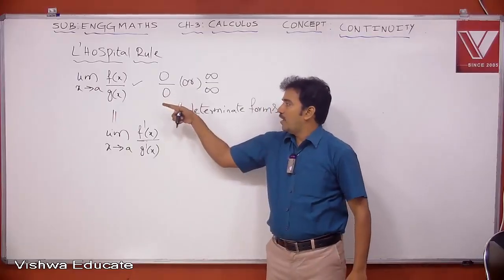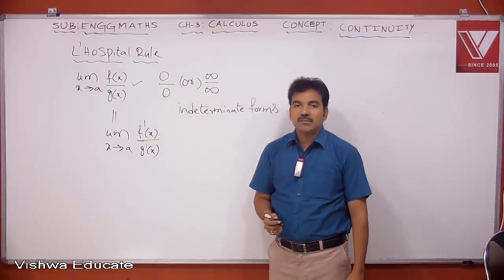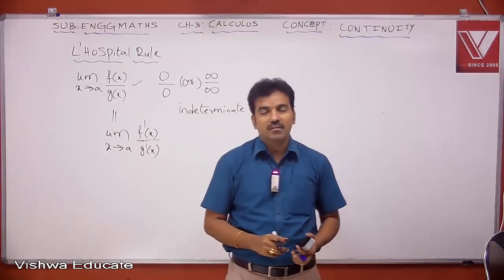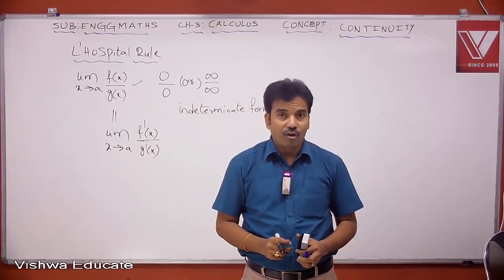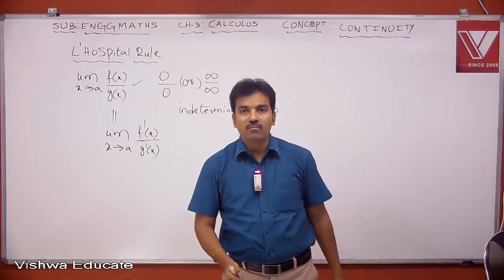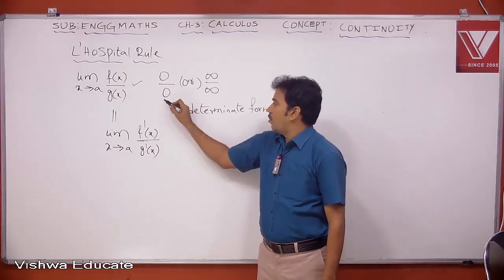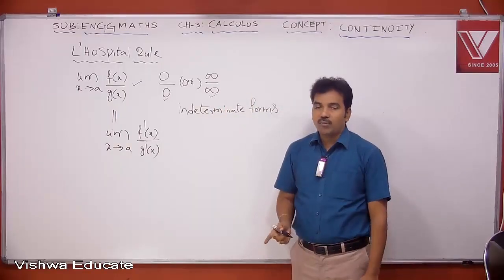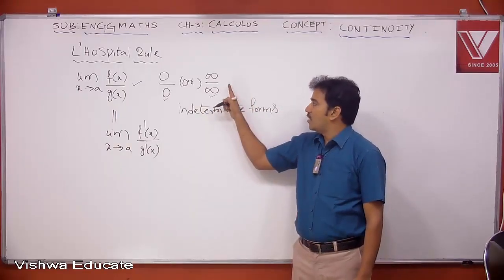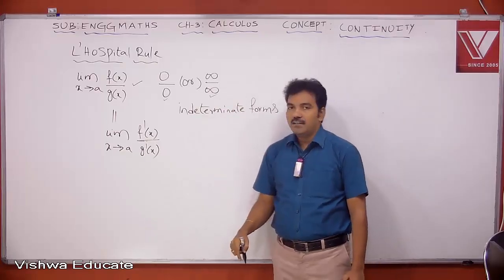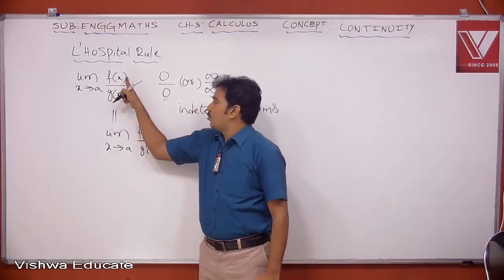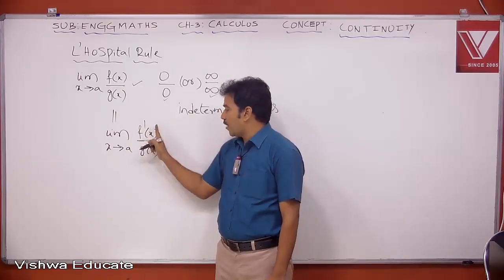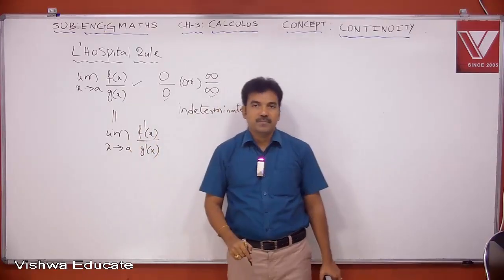If the limit as x tends to a of f of x by g of x takes either the form 0 by 0 or infinity by infinity, then the limit as x tends to a of f of x by g of x is equal to the limit as x tends to a of f dash of x by g dash of x.